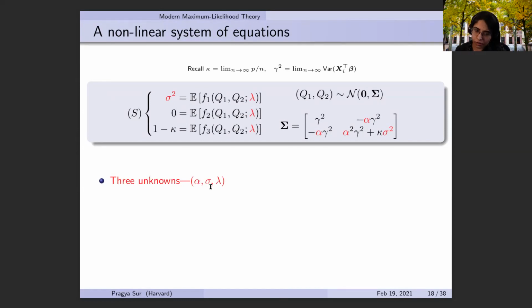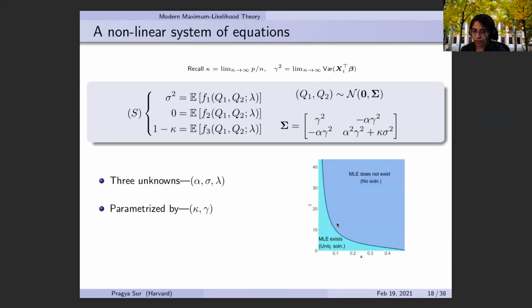Sigma will correspond to the variance of the MLE, and lambda also has an interpretation we will see later. So that's why they're named this way. And notice that other than these 3, the system is parametrized by kappa and gamma. So kappa is once again the limit of p by n, and gamma square is the limit of your SNR.